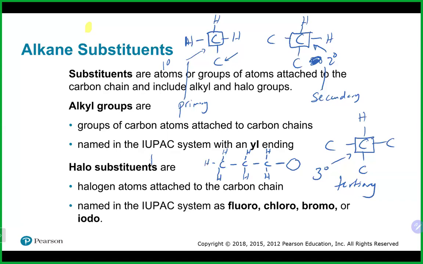By the way, the carbon where it's attaching is what type of carbon? This carbon right here is directly attached to how many carbons? Just one. So this is actually a primary carbon right here. The one that I boxed in the middle, by the way, is what type of carbon? It is a secondary. It's directly attached to a carbon on each side, which is 2 carbons, and that would be a secondary carbon. And this carbon right here would be a primary as well, right?